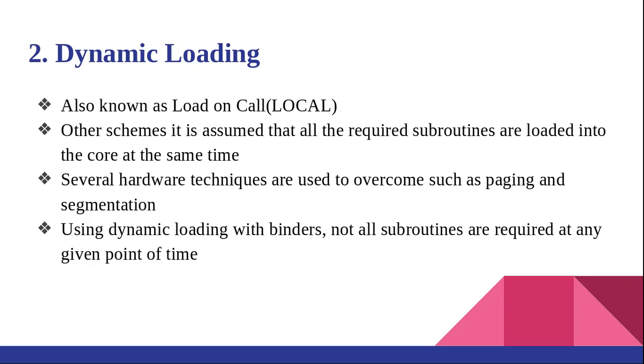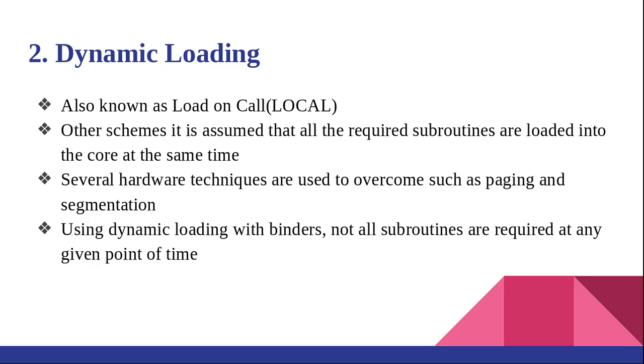Dynamic loading with binders allows us to load only the main program at the beginning of the execution. It won't load the other subroutines. So first it will load the main program into the core memory. Then if it calls a subroutine, it will check whether it is in the core memory or not.